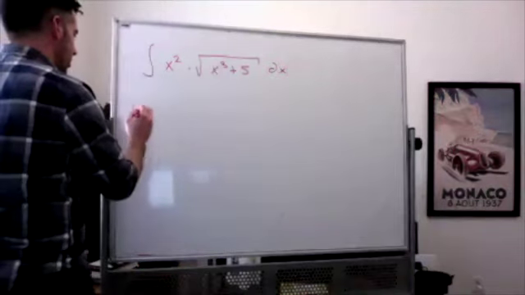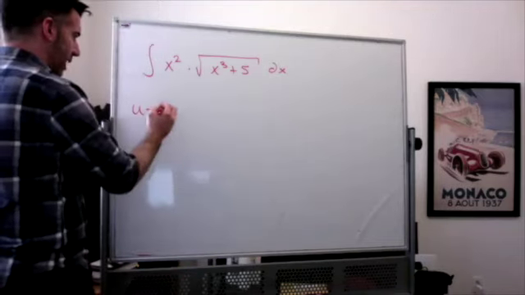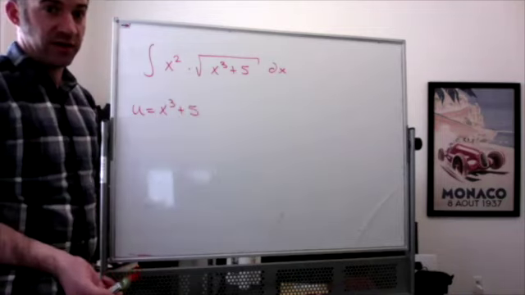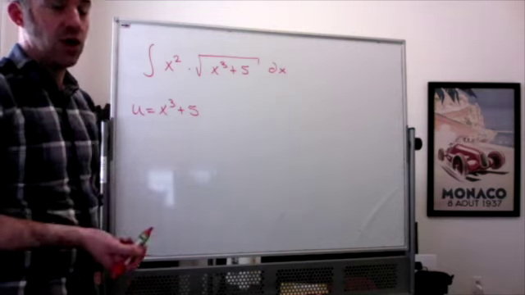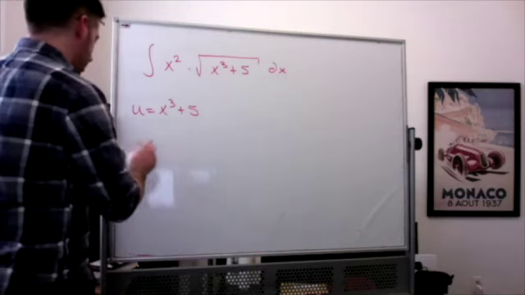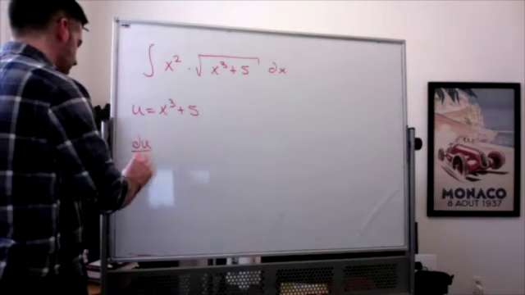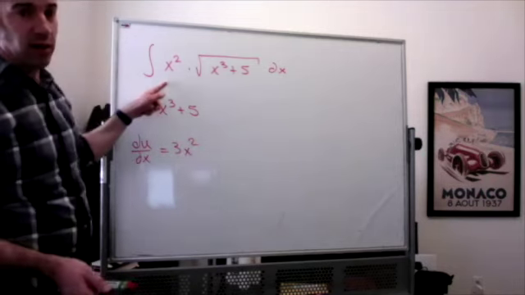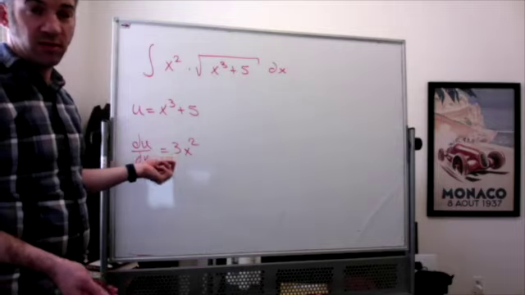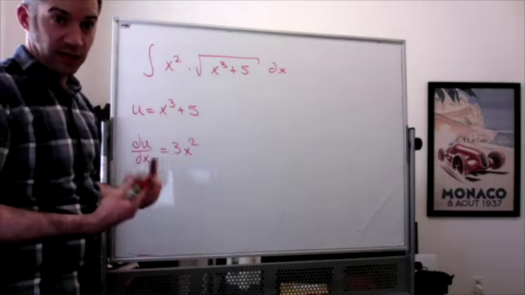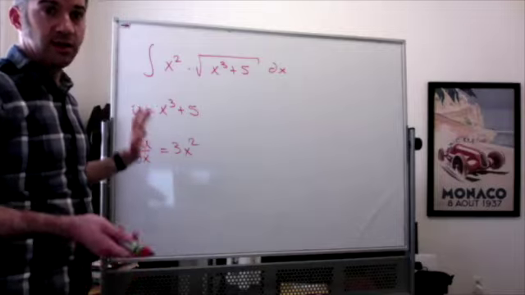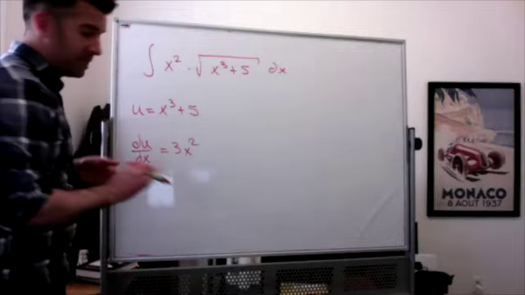So I'm going to let u equal x cubed plus 5. And then I notice that the derivative of x cubed plus 5 is kind of in my integral. My du dx is 3x squared, and I have x squared. Being off by a constant multiple isn't a problem. I think you guys saw in class that we can divide both sides of this equation by 3 to get just what we want.